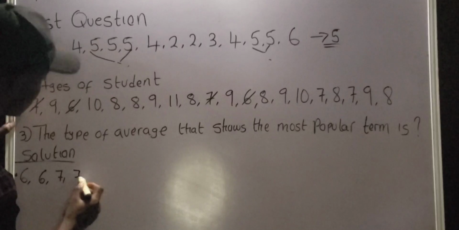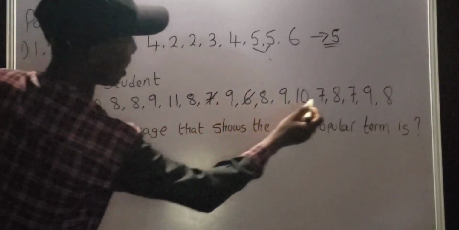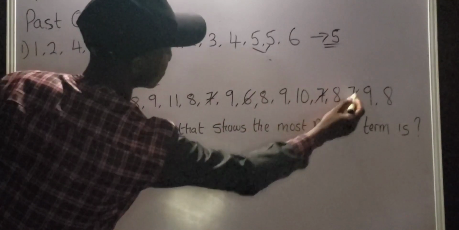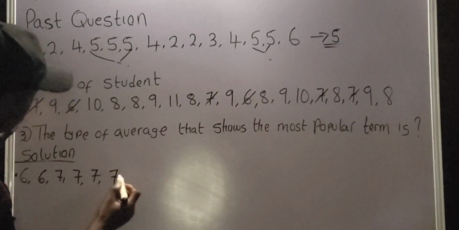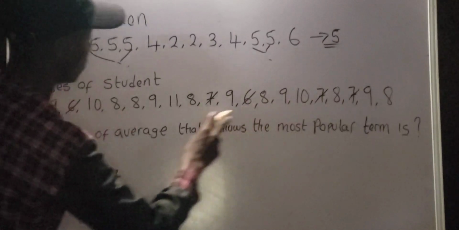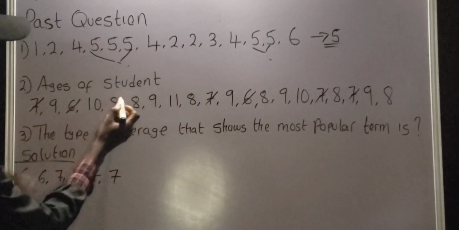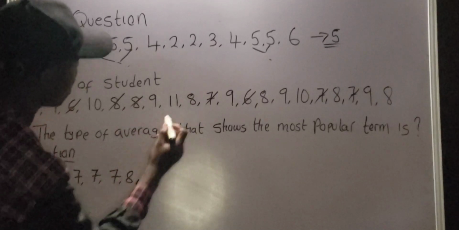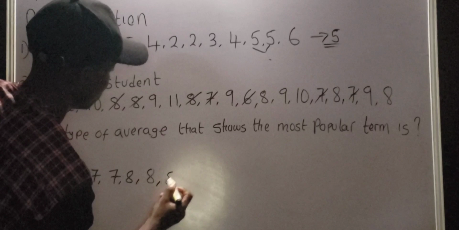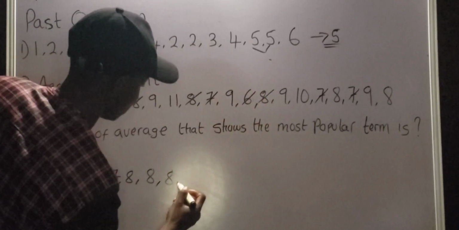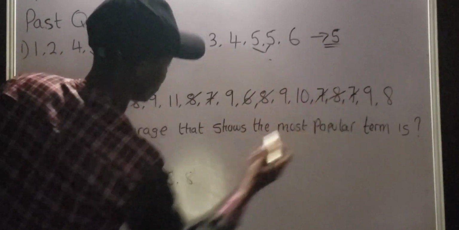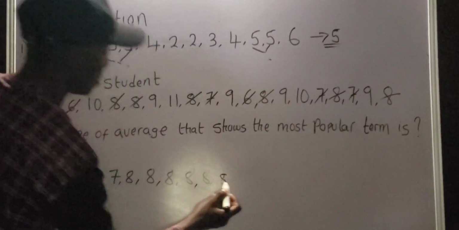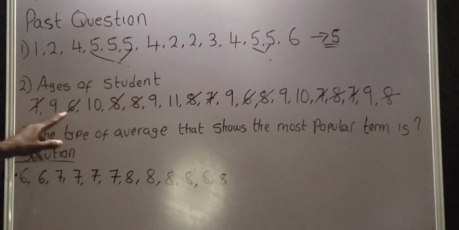Another 7, another 7, another 7. Followed by 8. So 8, 8, 8, 8, 8, 8, followed by 9.